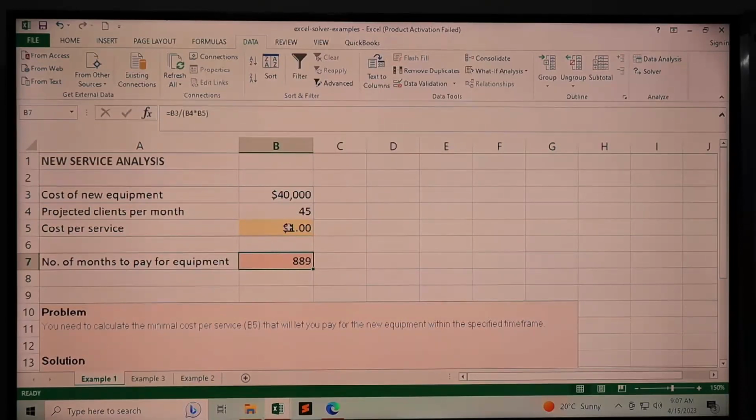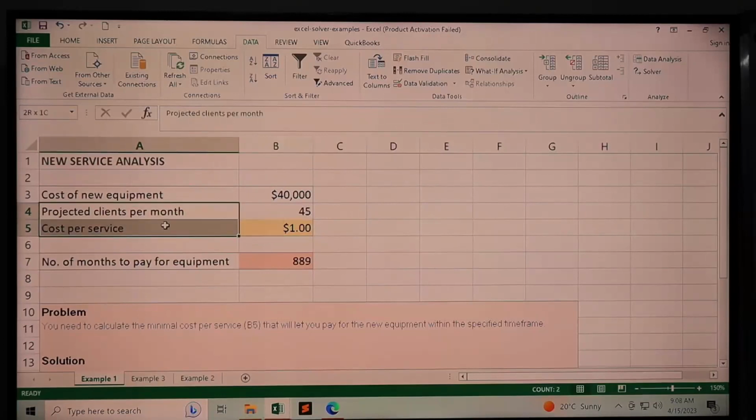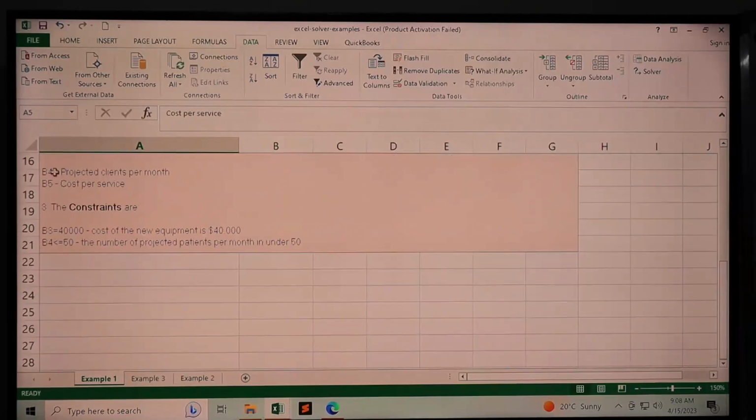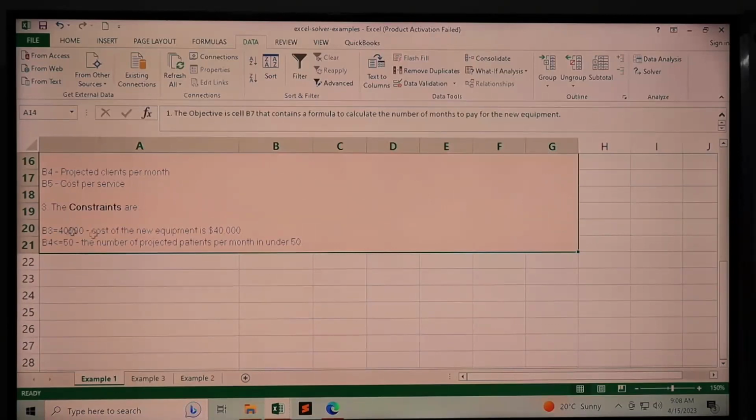From that data is where we were supposed to get the values we had there, which were actually the answers. So you can change your values. The only values you're supposed to change are the cost per service and the projected clients per month. Those are the two values that are changing. They're supposed to change to these two here.